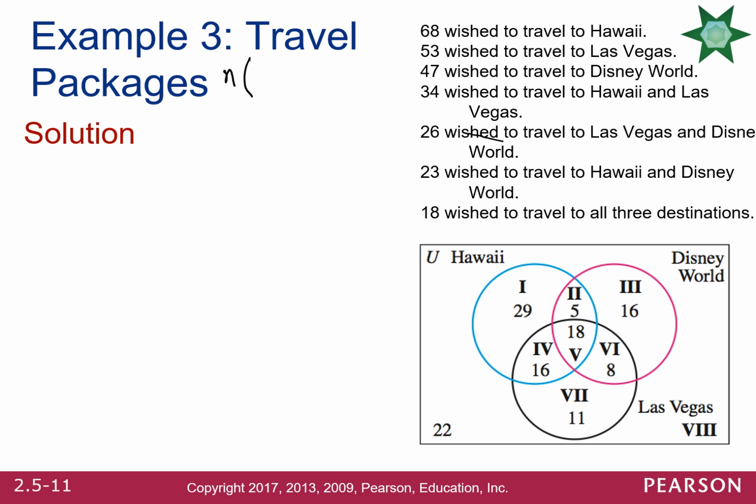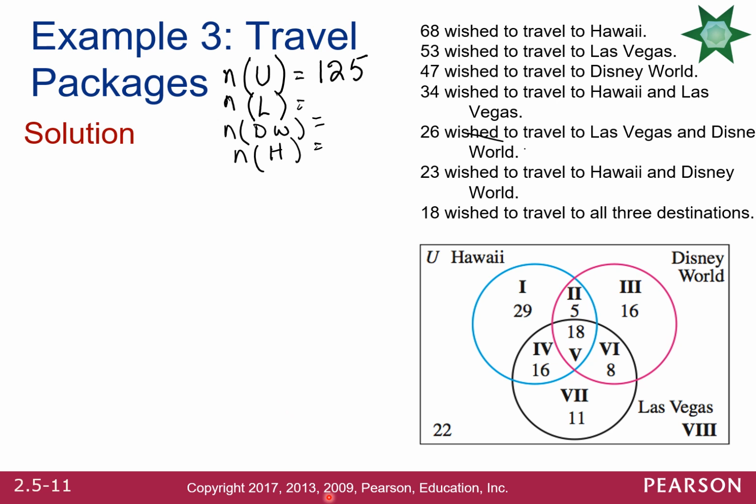N of U, the cardinal of U, is going to be 125. That is not mentioned here. And then we will have 3 sets: N of Las Vegas, N of Disney World, and N of Hawaii. So that information is right here.